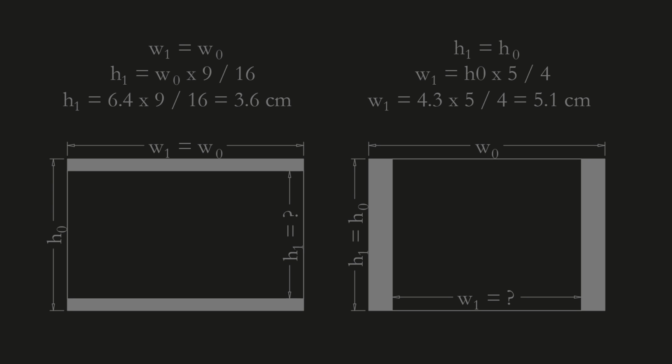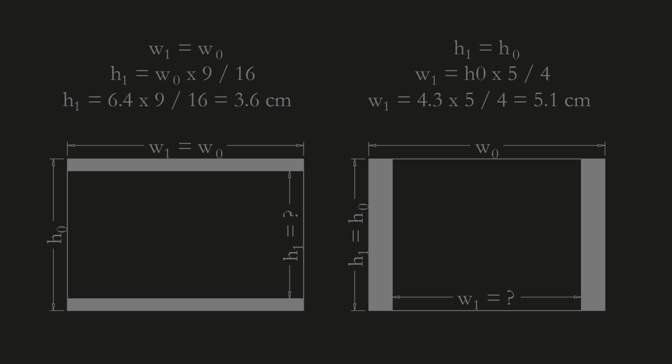For a wider aspect ratio than your camera's native ratio, using the example on the left, the new mat width will remain the same as your original width measurement, and to calculate the new mat height, you would take your original width measurement and multiply it by the inverse of your desired aspect ratio.